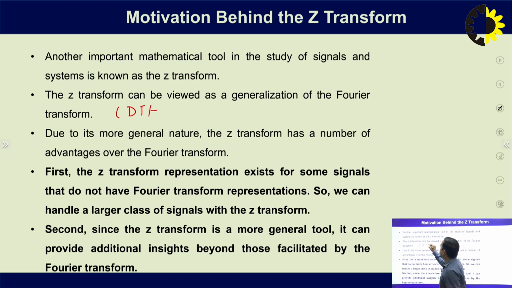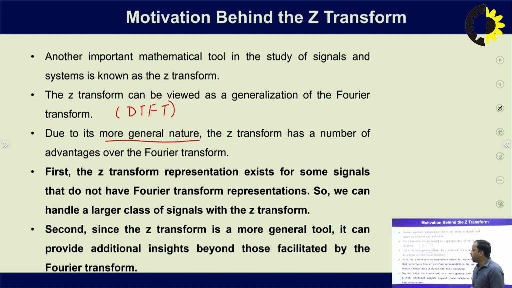Later on we will see the relationship between the DTFT and Z transform. Since Z transform is a more generalized form of transform, it has numerous advantages over the DTFT.